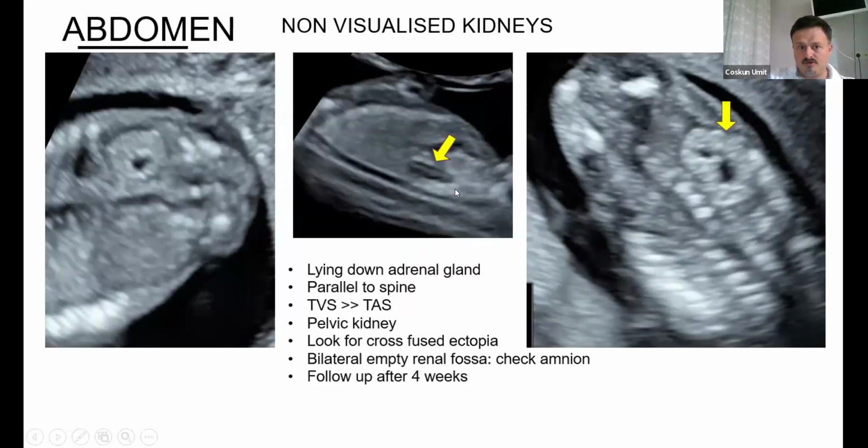This is a very important clue for renal agenesis and pelvic kidney. We should be very careful because sometimes the kidneys can be next to the bladder. So we should check the baby's bladder and the other parts because the pelvic kidney is a very common variant.